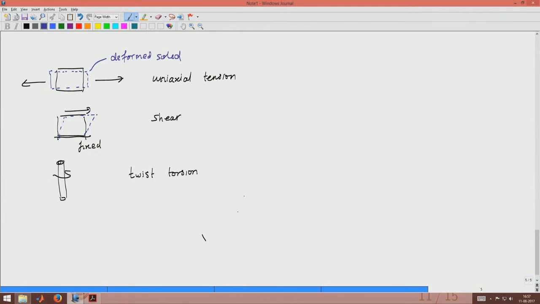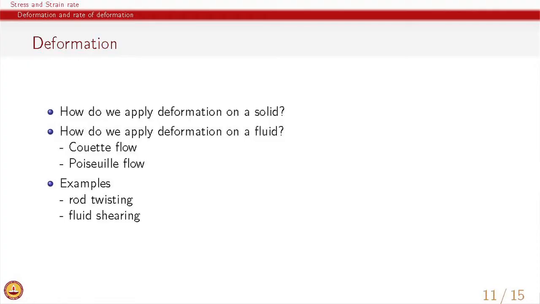If I look at it from this side and draw the side as a circle, and draw a line like this, when we twist the material in this direction, the line would have shifted. So, that is the twist that has been imposed on the material. This is generally the deformation that we apply on a solid, and we see its response in terms of how much it has deformed.